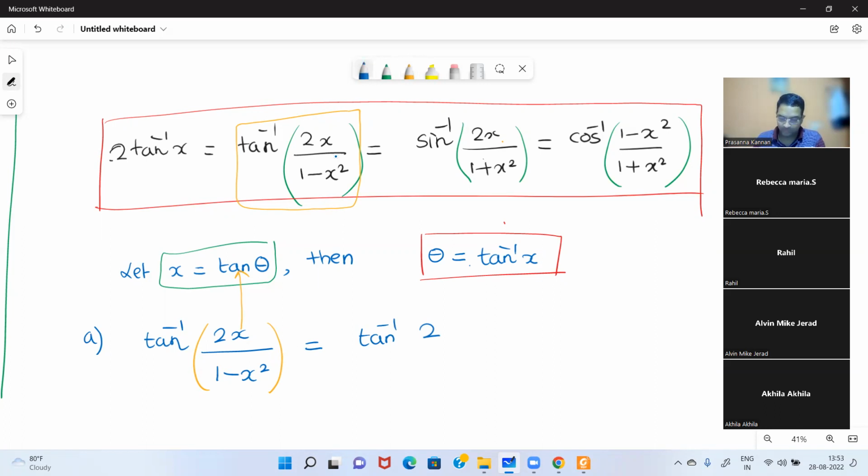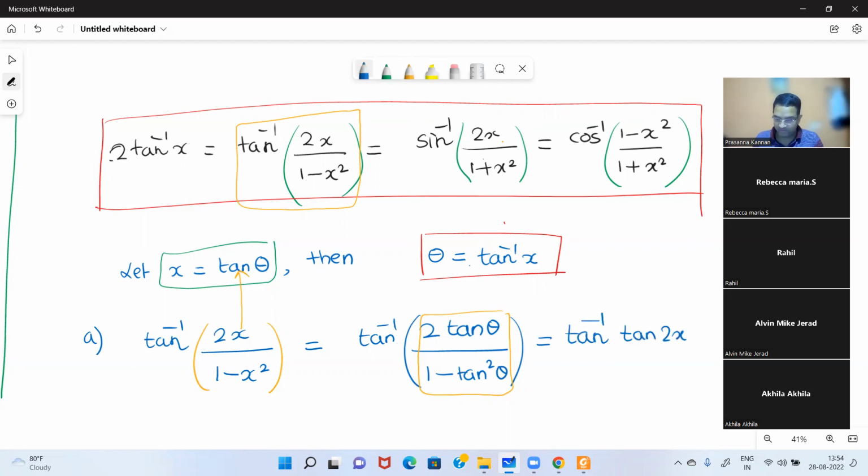So it is 2 tan theta divided by 1 minus tan square theta. Wherever x is there, you can substitute tan theta. Did you see this formula anywhere in our discussion? 2 tan x by 1 minus tan square x. What is the expression for it? Tan 2x. Exactly. So what has it become? Tan inverse of the inside function has become tan 2 theta.